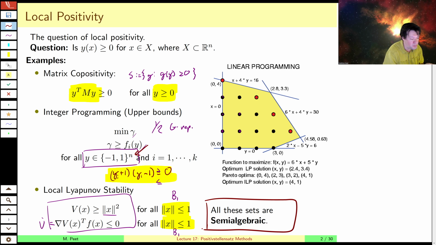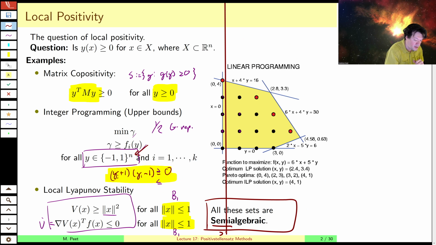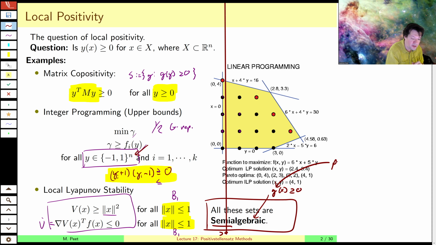They're called semi-algebraic, with semi referring to the inequality constraints, and algebraic actually referring to the fact that the inequality constraints are defined by polynomials, so that g here is a polynomial. So all of our sets satisfy that.